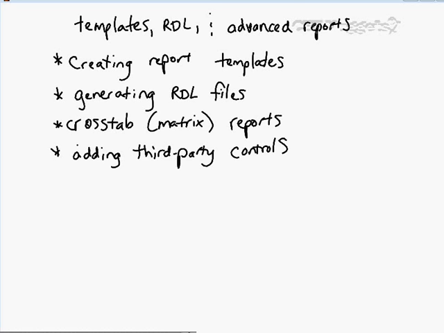We then took a look at generating our RDL files. As I mentioned earlier, creating a report can be very easy graphically. However, if you have a quantity of reports that you need to generate, generating them programmatically can save you a significant amount of time. So this is where we get out our Visual Basic or C#.